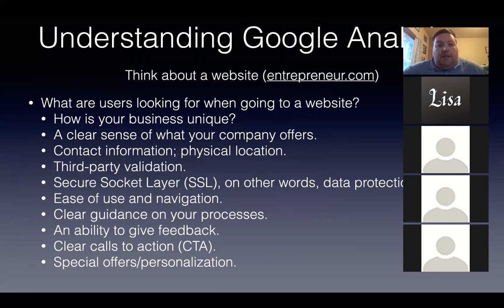Third-party validation. If you remember from my social media seminar 2 weeks ago, a lot of people will actually go to a Facebook page or a social media page to check out information about you. And then if they're intrigued enough, that's when they'll click on your website link to verify if you're a true, legit business or organization.